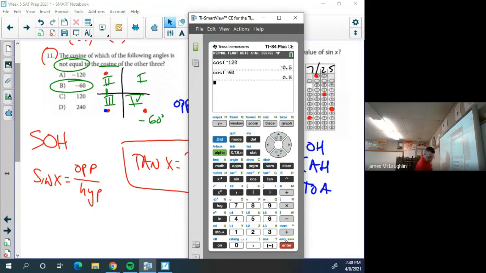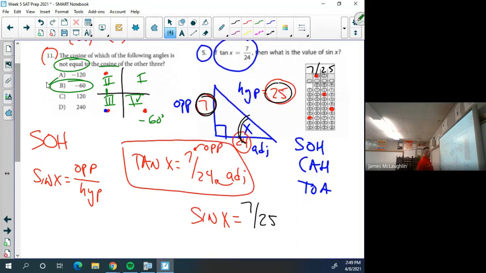What is the cosine of 120? What is the cosine of 240? You notice 3 of them are all negative 1/2. And the one that's not negative 1/2 is positive 1/2, which is coming from the cosine of negative 60 degrees. That's the one that doesn't work.